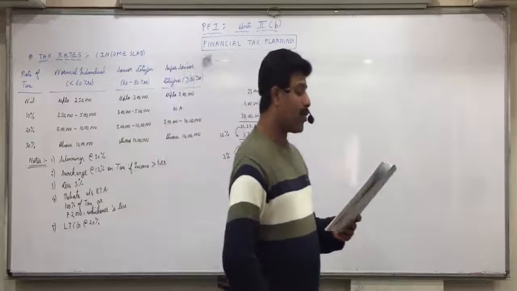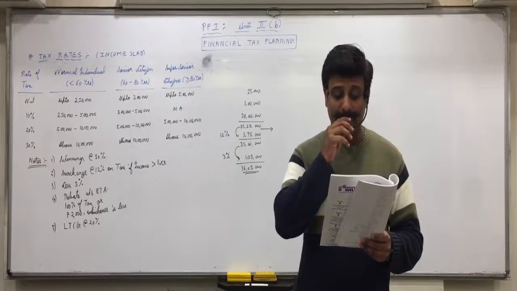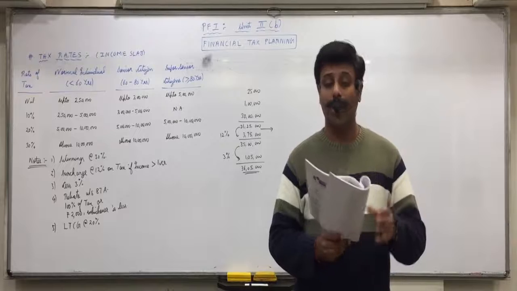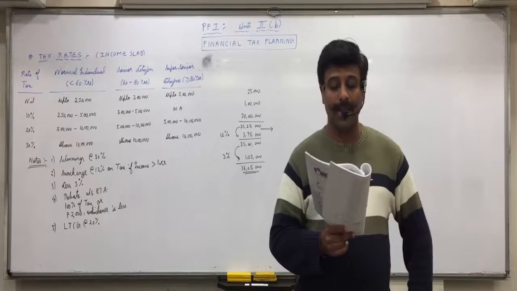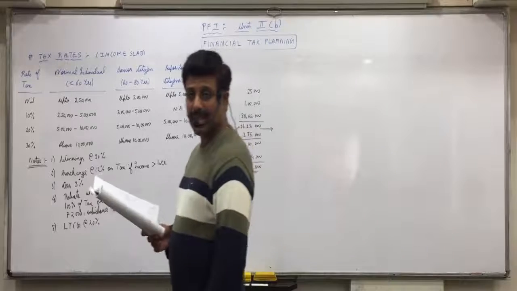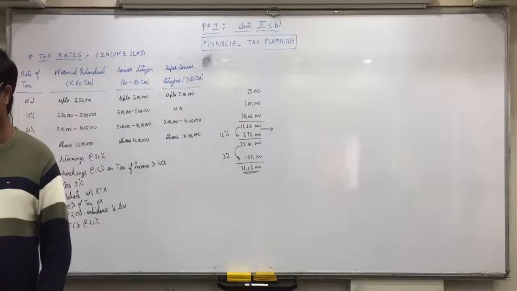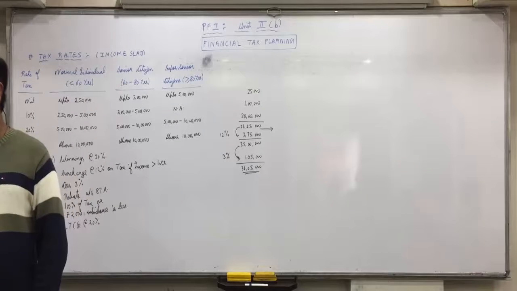Deduction in respect of contribution to a notified pension scheme of central government or any other employer. If you have given any contribution to a notified pension scheme of central government or any other employer, you will get it under 80CCD. Now, employee's contribution to the notified pension scheme is deductible in the year in which contribution is made.